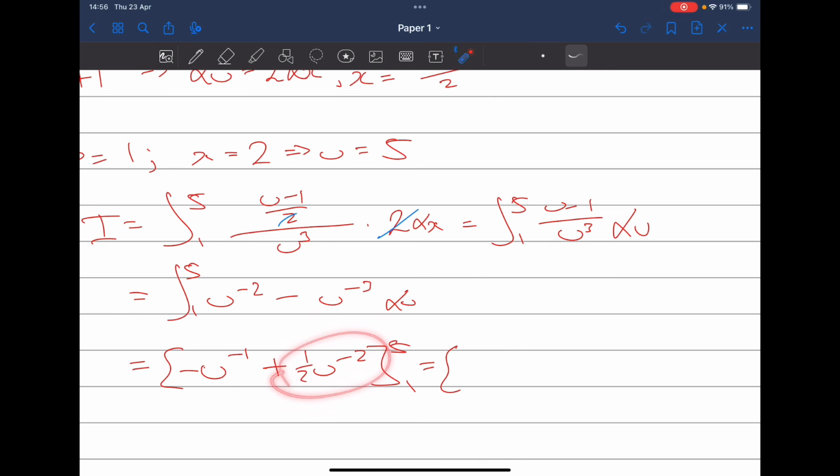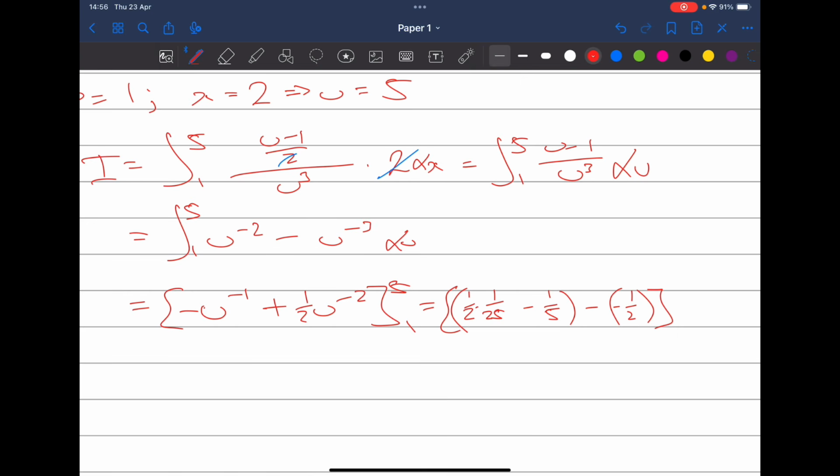So this is a half of 1 over 5 squared, so 1 over 25. Take away 1 over 5. And then all of that stuff, we're going to take away a half, take away 1. So a half, yeah, a half take away 1, so negative a half.